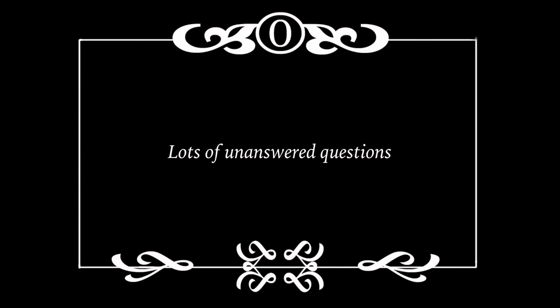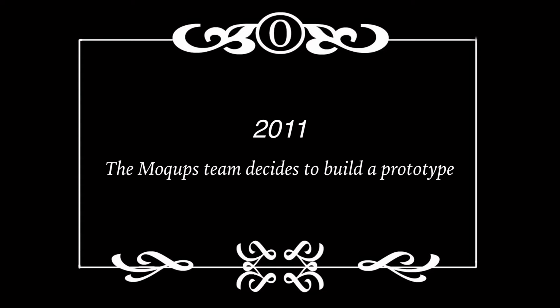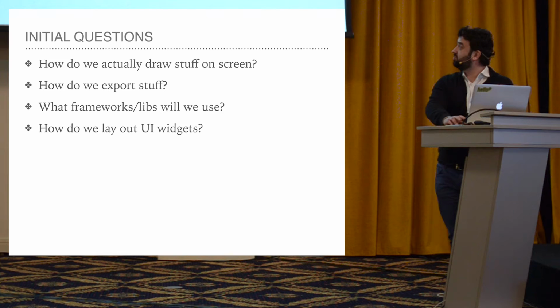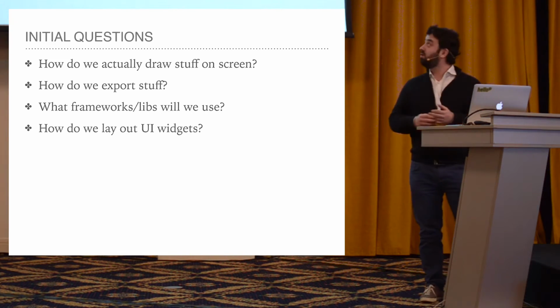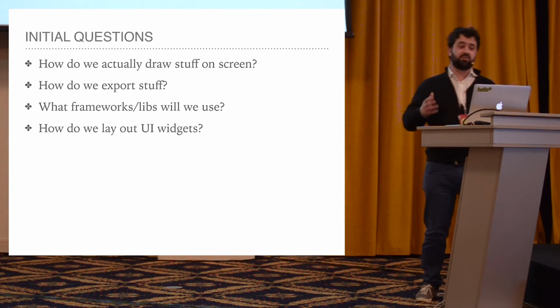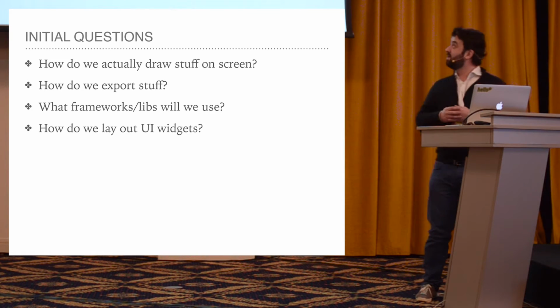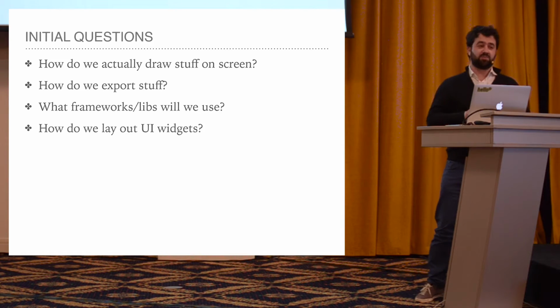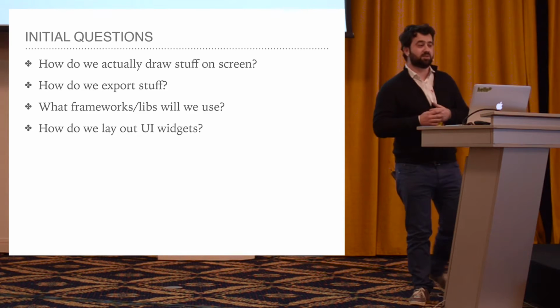So we decided that before we even start coding on the app, we should build a prototype. The most recurring questions were, how do we actually draw 2D graphics on screen? How do we export stuff to PNG and PDF? What framework are we going to use?